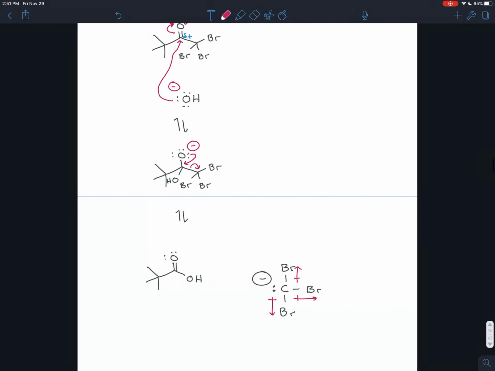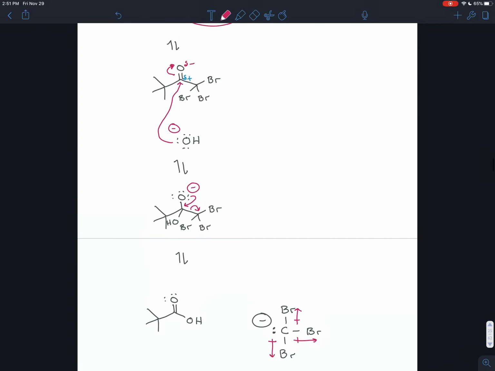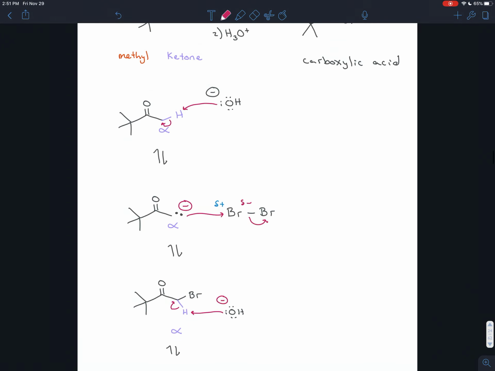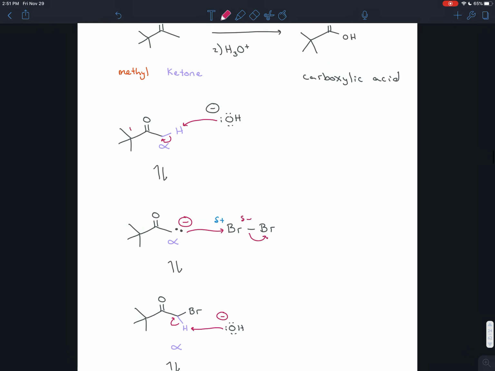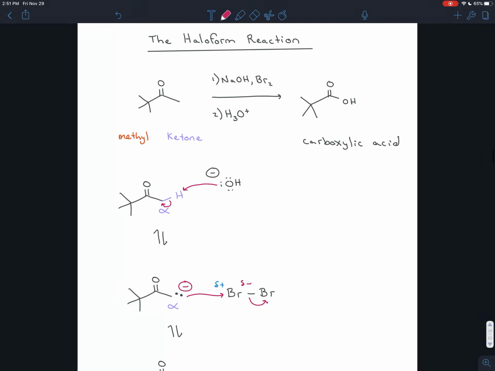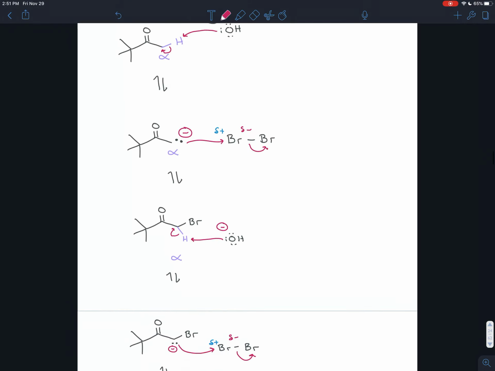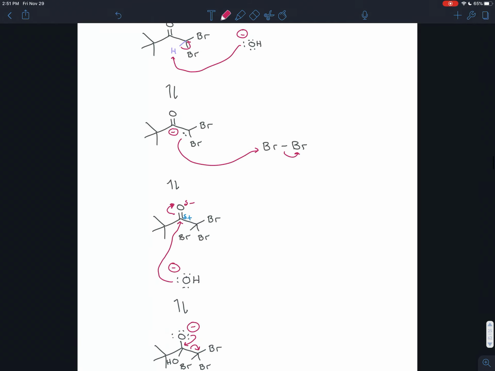So the difference between the aldehyde and ketone chapter, on the one hand, and the carboxylic acid chapter on the other, was that in the aldehyde and ketone chapter, you didn't get substitution because you didn't have a good leaving group. The magic of this haloform reaction is that it turns a carbon in a ketone into something that has a good leaving group.